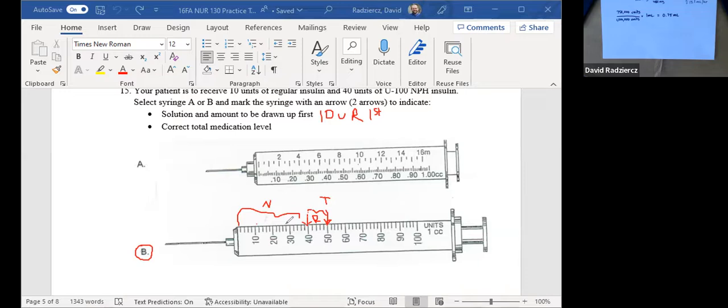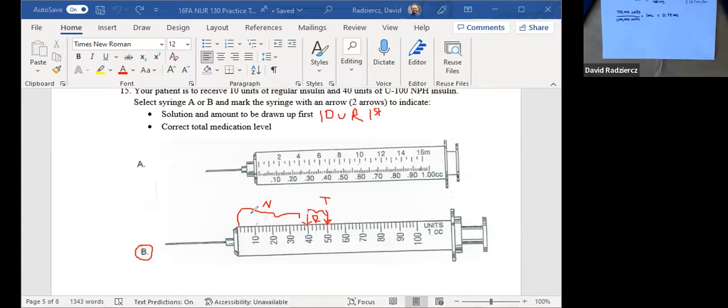But this is always a point of contention type of question. The best thing you can do is just ask your instructor how they want you to mark it and then do it like they say to do it. But the textbook says that way. What you explained to me is how I initially would explain. I would say you would mark at 10 because that's what you would draw up first.